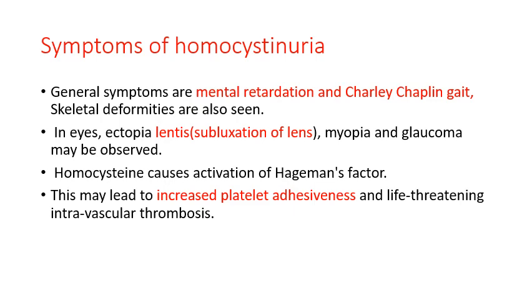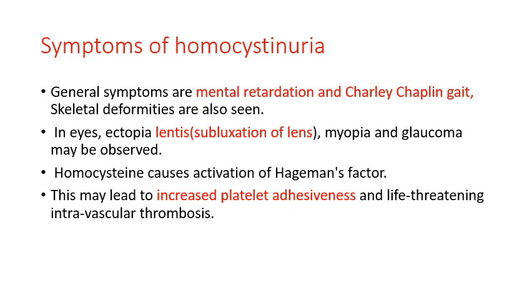Symptoms: the patient may develop mental retardation and a specific gait known as Charlie Chaplin gait due to skeletal deformities. In the eyes, it may lead to ectopia lentis, that is subluxation of the lens, myopia and glaucoma.